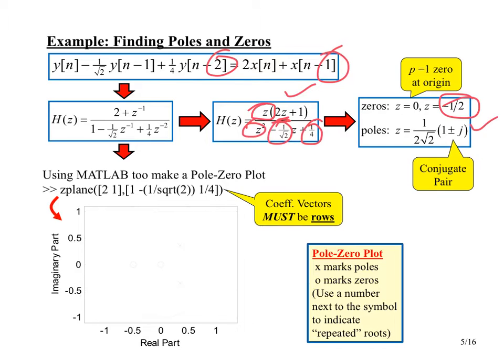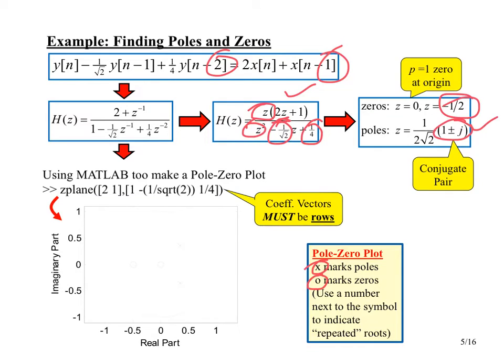So we get the 1 plus j and the 1 minus j. If we plot those on a z-plane by hand, using x's to mark poles and circles to mark zeros, then we can create a pole-zero plot.